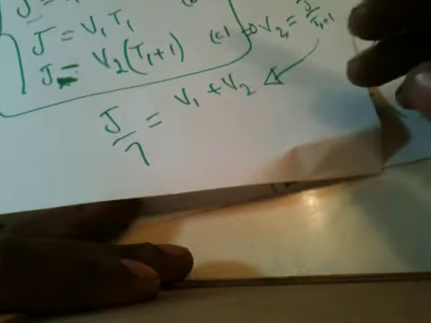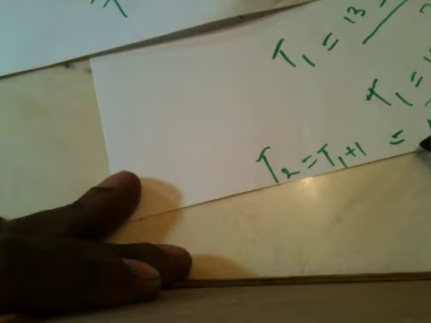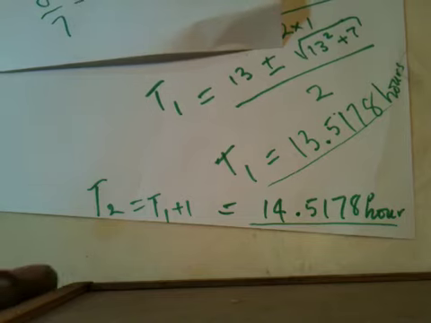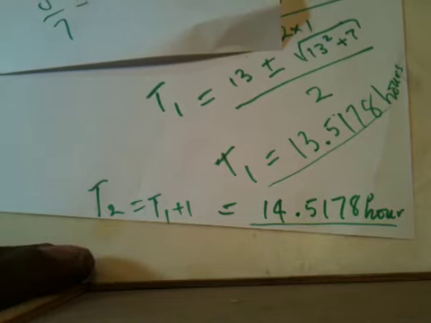So T2 will be approximately 14.5178 hours. So that's the answer.